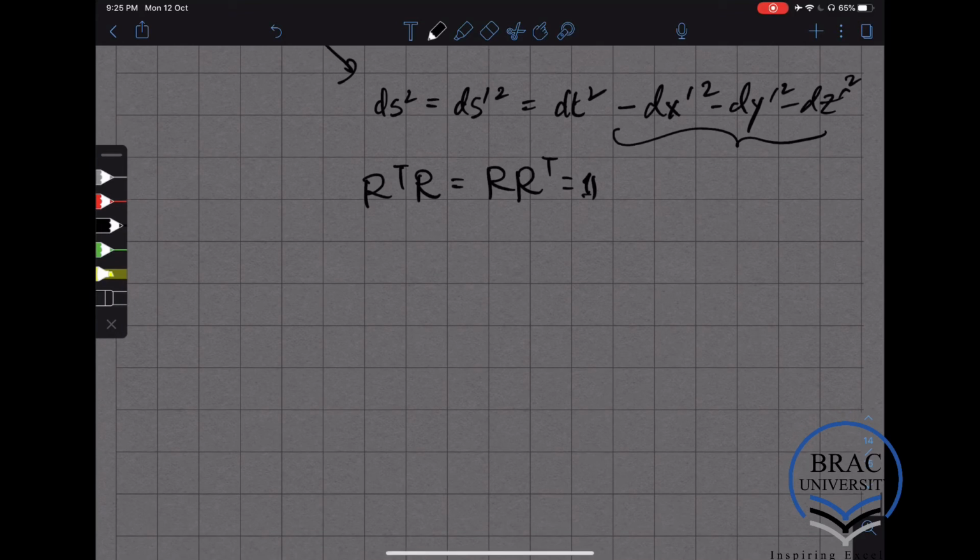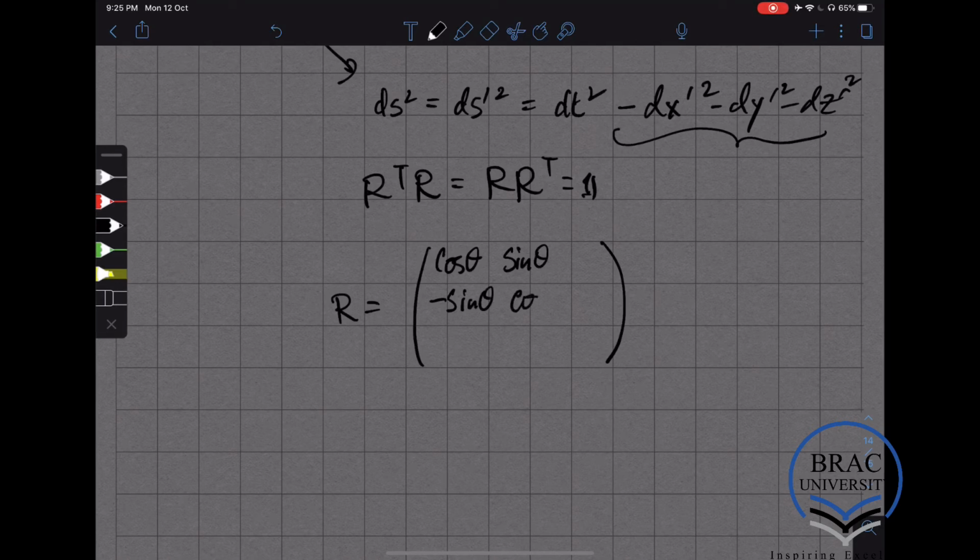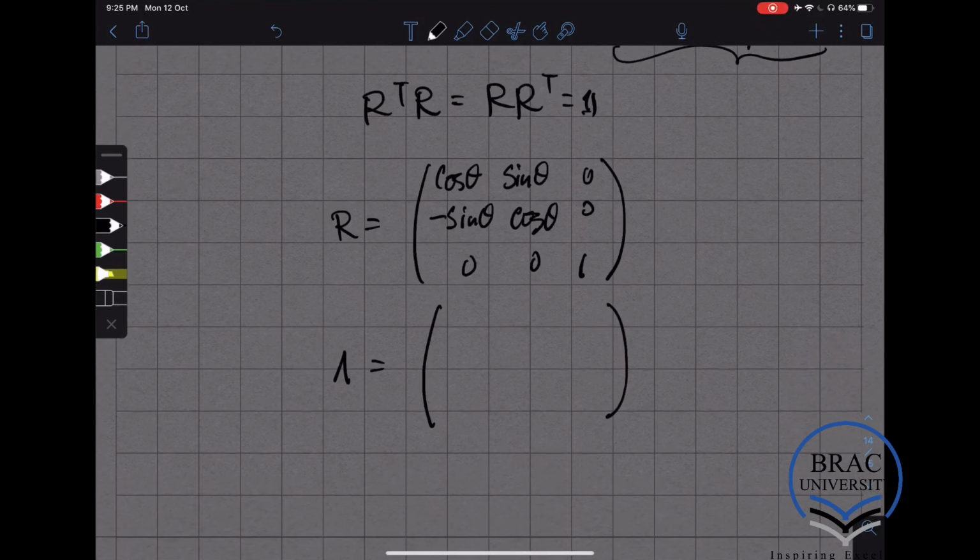In other words, for example, if I do a rotation about the z-axis, then it'll have some form like cosine theta, sine theta, minus sine theta, cosine theta, and then there's 1, then there's 0, 0, 0, 0. And then the Lorentz transformation that is part of this will have 1 here, and then 3 zeros here, 3 zeros here, and in this 3 by 3 block is going to be this rotation matrix.